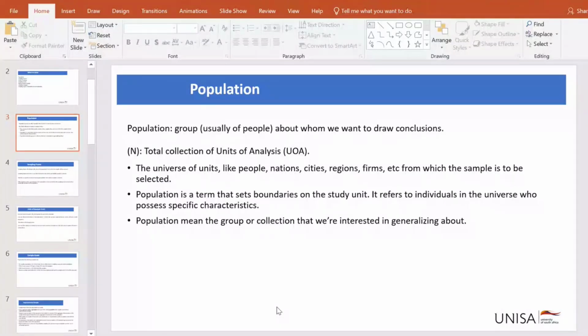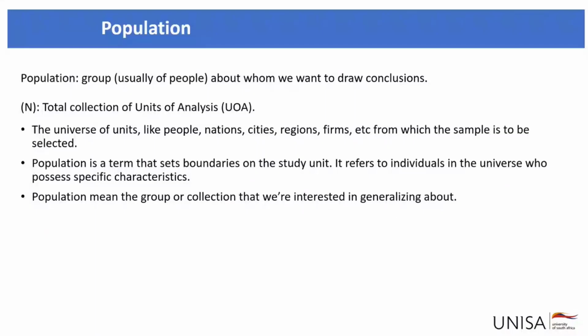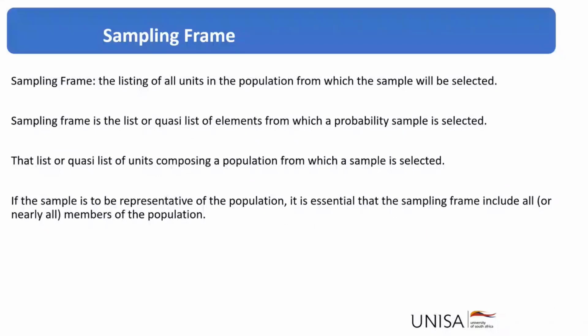Now, the most important thing that we spoke about and would like to repeat is that before you do sampling, there is something we call a sampling frame. Ladies and gentlemen, it's not something that you always put in your research proposal at postgraduate level, but it's ideal to include a sampling frame, because it provides a listing of all units in the population from which the sample will be selected.